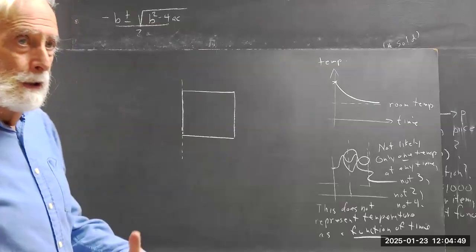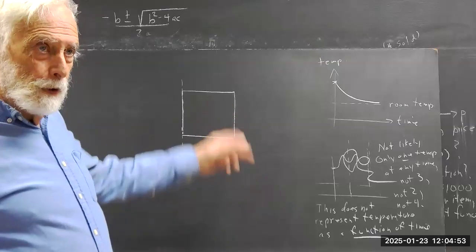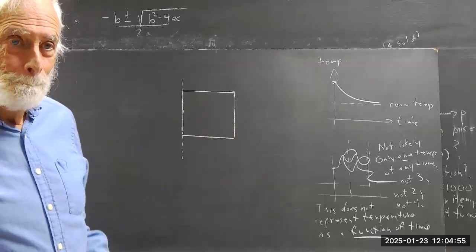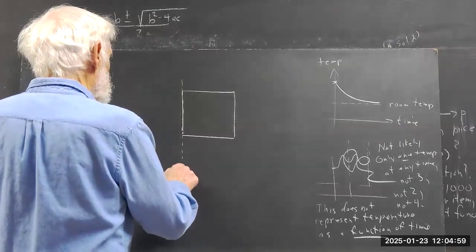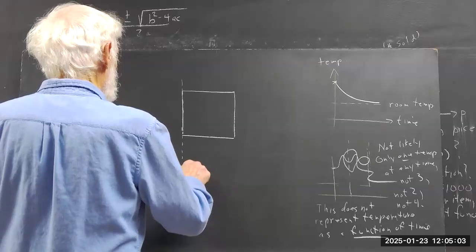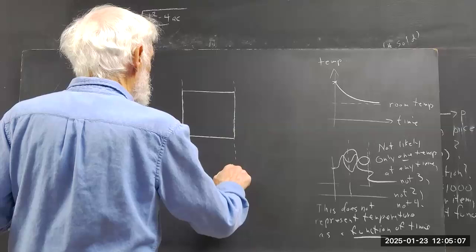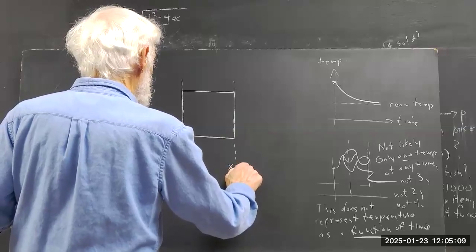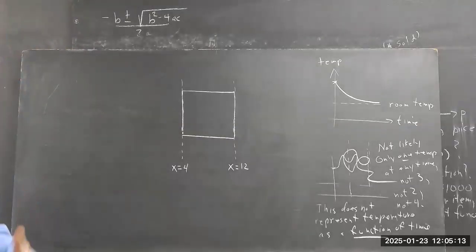And I'm not going to draw a set of coordinate axes with an origin because we don't know where the heck this thing is. Okay. So I'm just going to say that here X equals 4. And here let's let X equal 12. Okay.